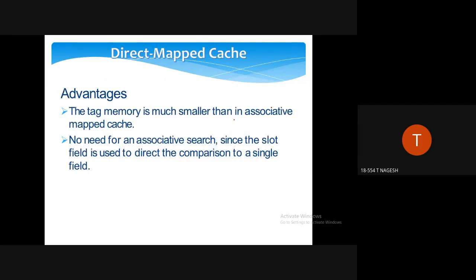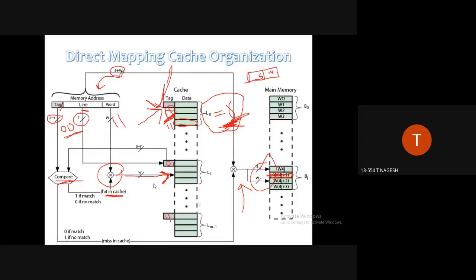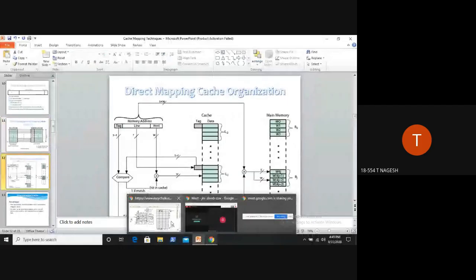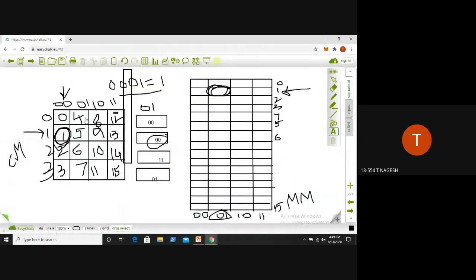Let me just explain this disadvantage. As you are seeing here, this third cache line contains only the blocks which are block 3, block 7, block 11, and block 15. Only these 4 blocks can be accommodated by this cache line.